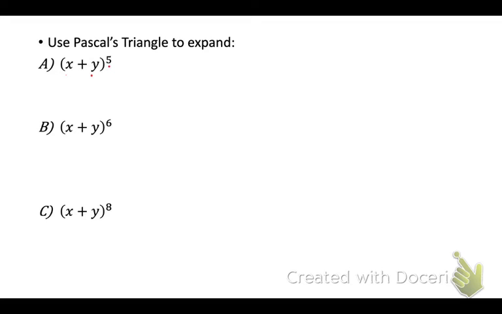What is the 5th row? 1, 5, 10, 10, 5, 1. Okay, so I'm going to use that row. How this works is these are the coefficients of each term. If I have the quantity to the 5th, doesn't that mean I do this?